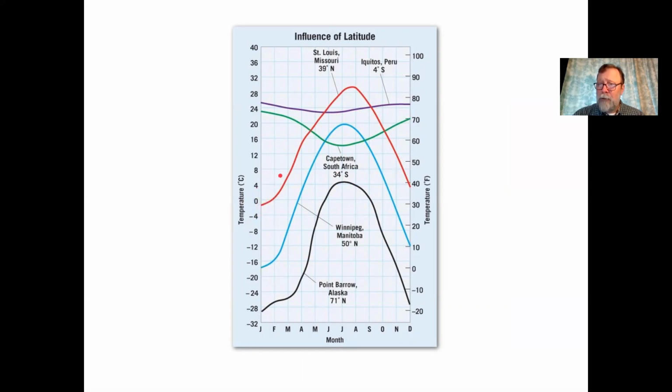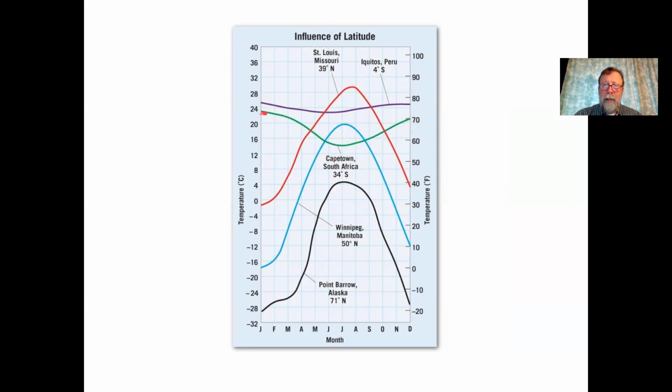So different locations on Earth have different annual patterns, but what is changing? During the course of the year, the angles and hours of sunshine change, the angles of sun in the sky and the hours of sunshine per day. And then you throw in a couple of wild cards, which we will talk about.